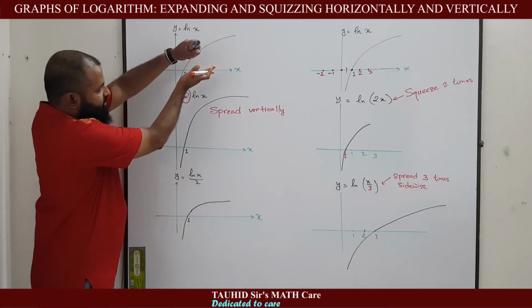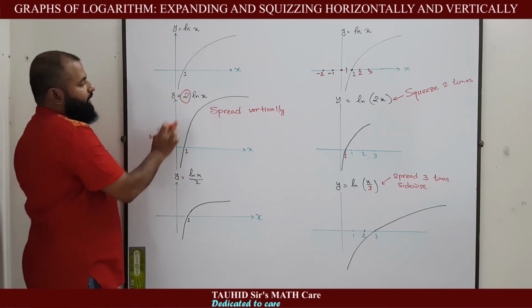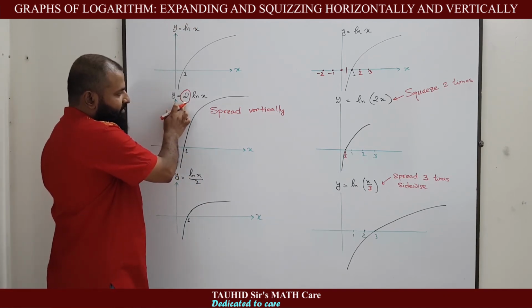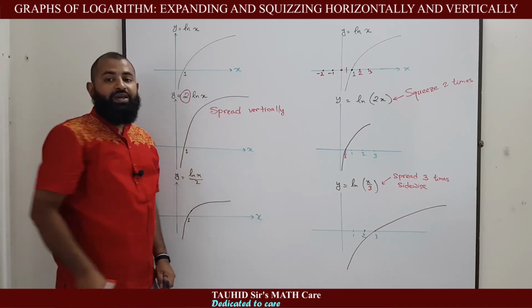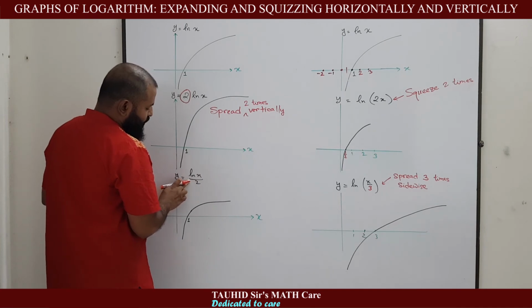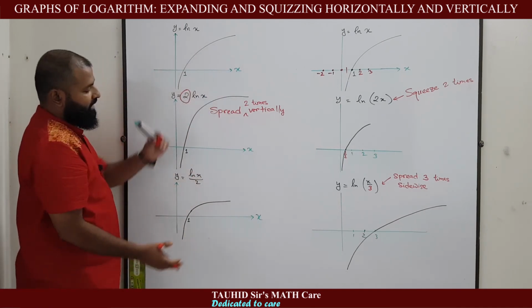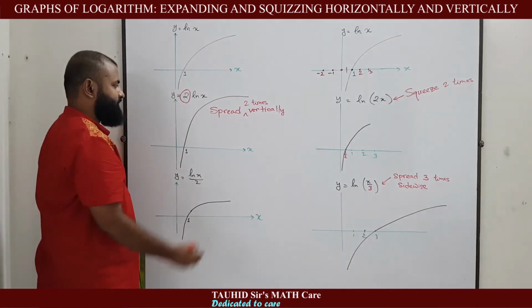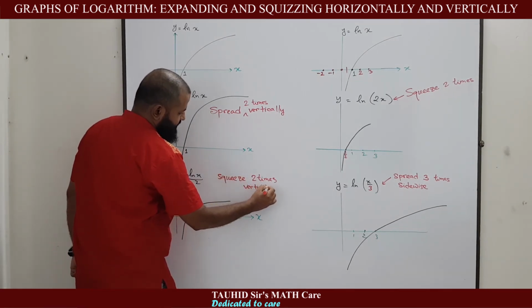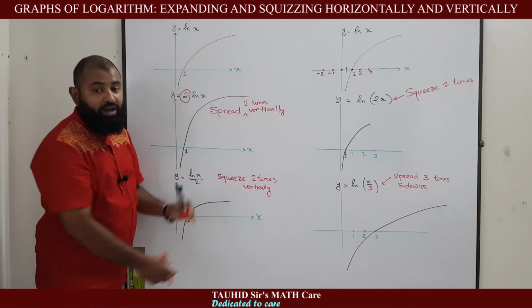Vertically. This will spread this way. Here it is multiplied by 2, so it will spread 2 times vertically. And when the whole function is divided by something, the whole graph will squeeze vertically. You can see here that this shape has become halved.